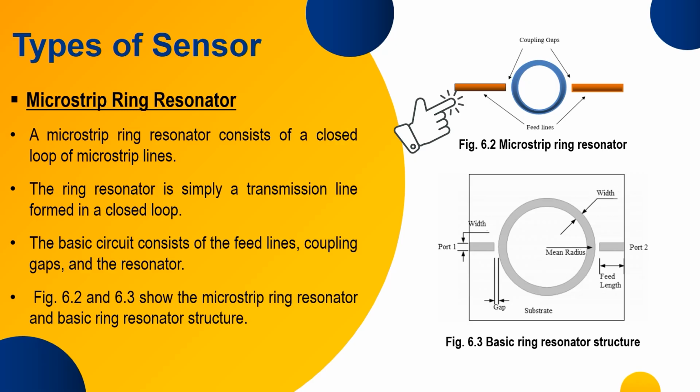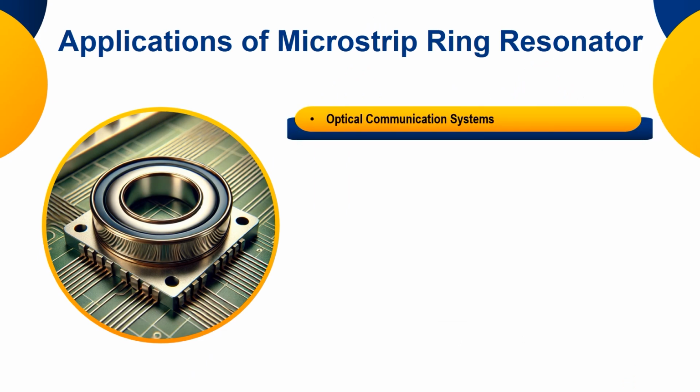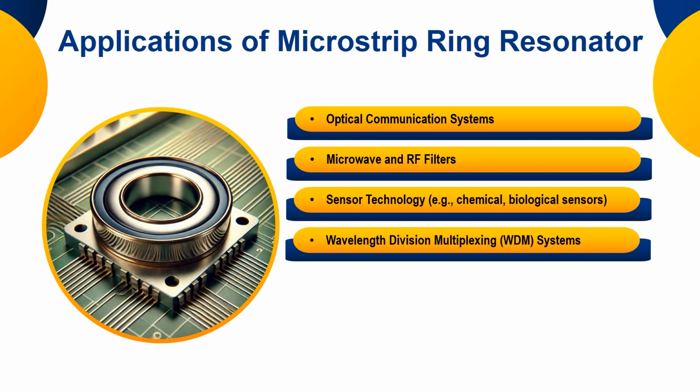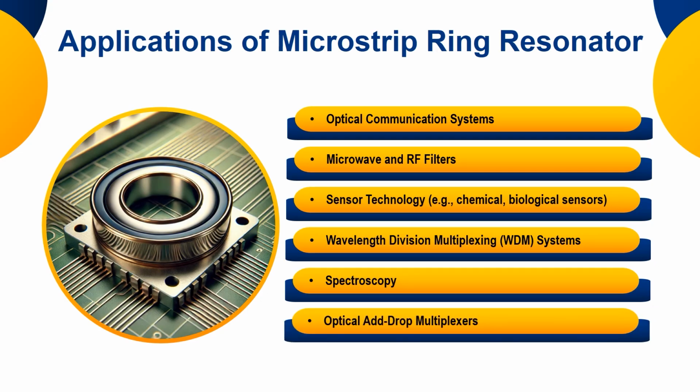These are also conducting parts. In the most common microstrip patch antenna, these are made of copper plate, which is normally available in the form of copper sticking tape that can be installed in the form of a ring or in the form of these feed lines. Then it has n number of applications in optical communication, in microwave, in RF filters, and in sensing, specifically chemical and biological sensors. Then we have wavelength division multiplexing systems and spectroscopy. Then of course, in multiplexers this is used in a big way.